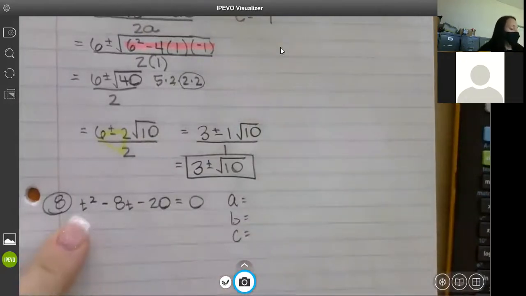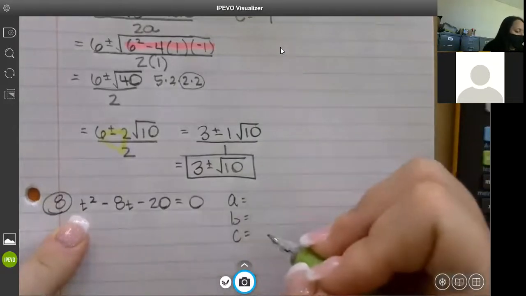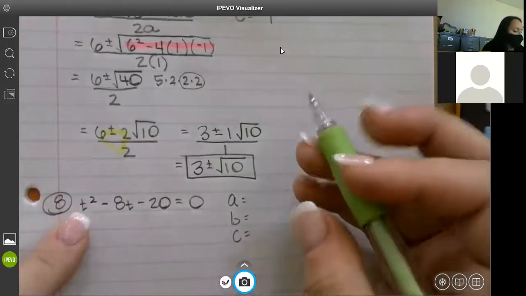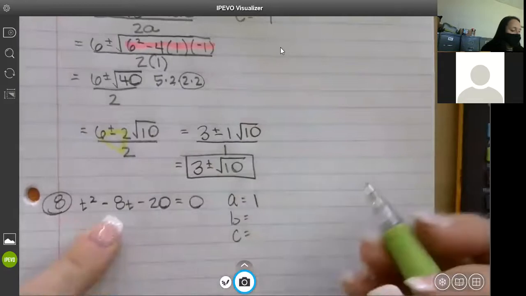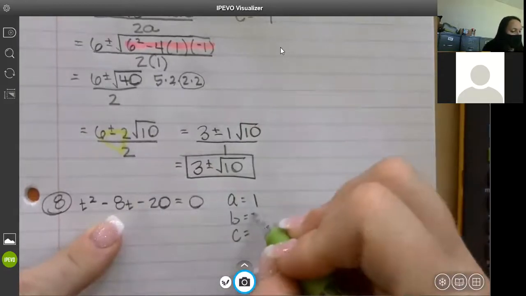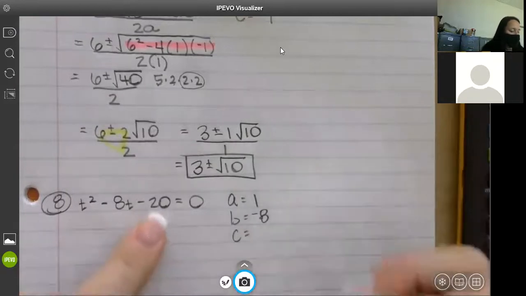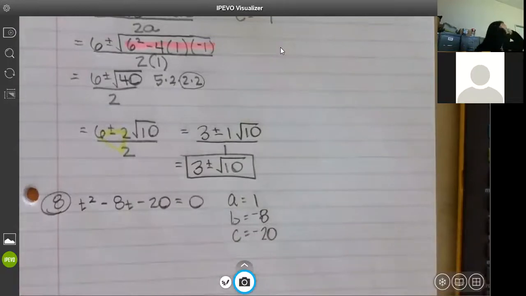What's in front of your x squared or your t squared in this case? What's the number in front of t squared? Zoomers, you can answer too. 1. Thank you. What's your number in front of b or in front of the t? What kind of 8? -8. Perfect. And the last number is -20. Just watch those signs and make sure you put the numbers in there.